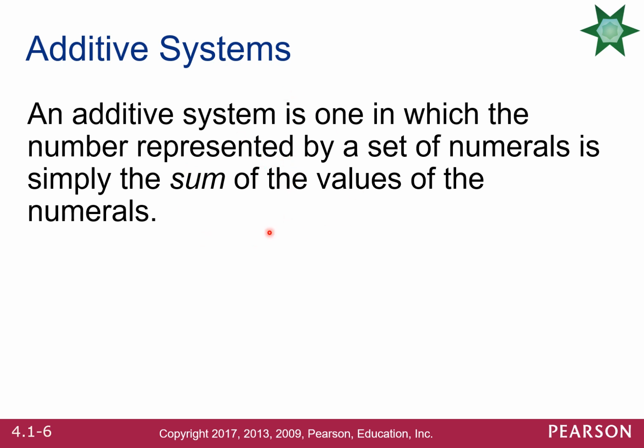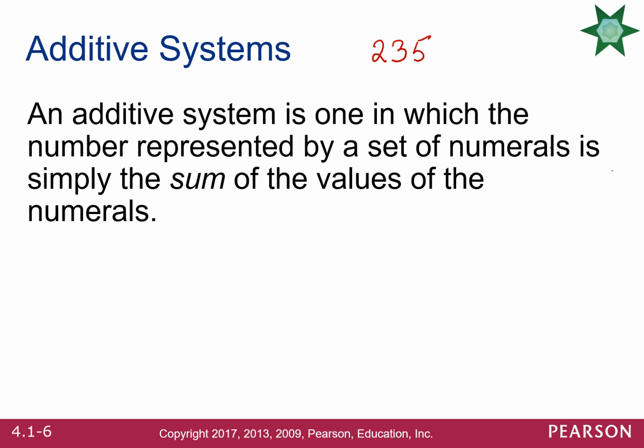But what this definition tells us is we will be given a pattern, numerals arranged as a set pattern, and the way we come up with the number that those numerals represent is through a system of addition, the sum of the values.